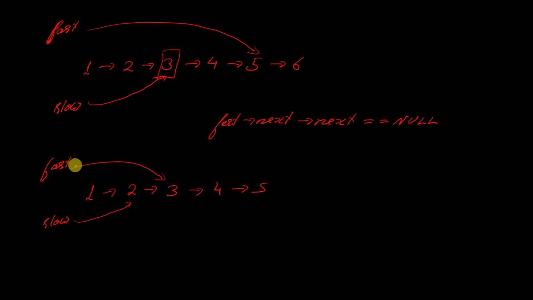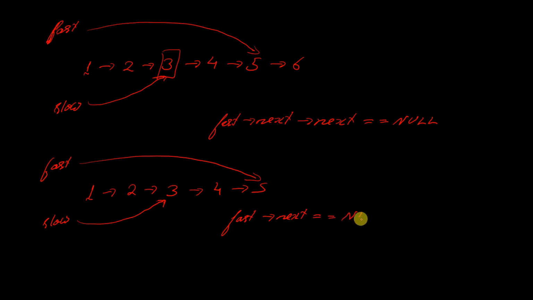Now again after increasing, fast will point toward this and slow toward this. So this is the condition where we have to stop when it has an odd number of nodes. Here the condition is fast next equal to null. So these are the two conditions when we have to stop to get the middle element.